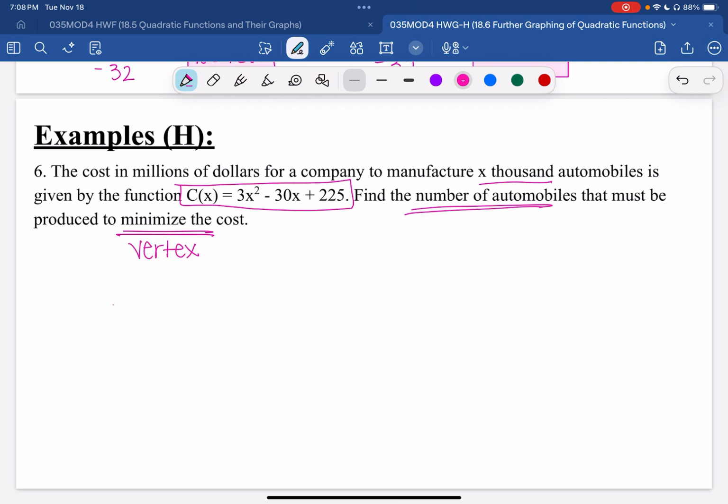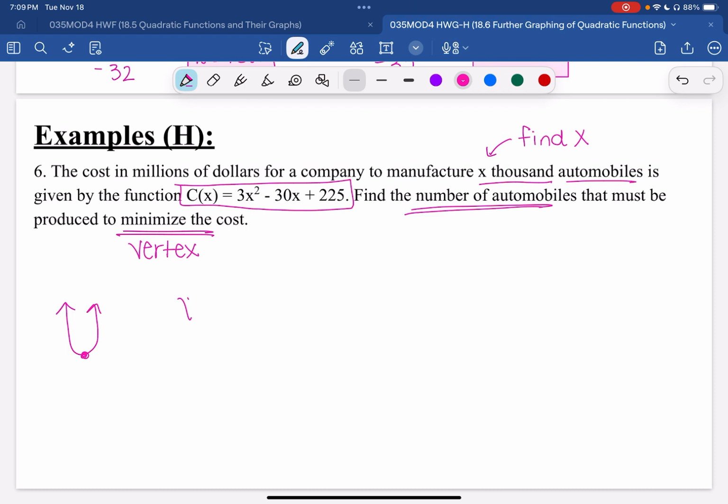So this is a positive A value, so it opens up. I need to find my vertex. And it wants to know, find the number of automobiles. Well, that is my X. So I need to find the X value of my vertex. Okay, because I'm trying to minimize the cost.